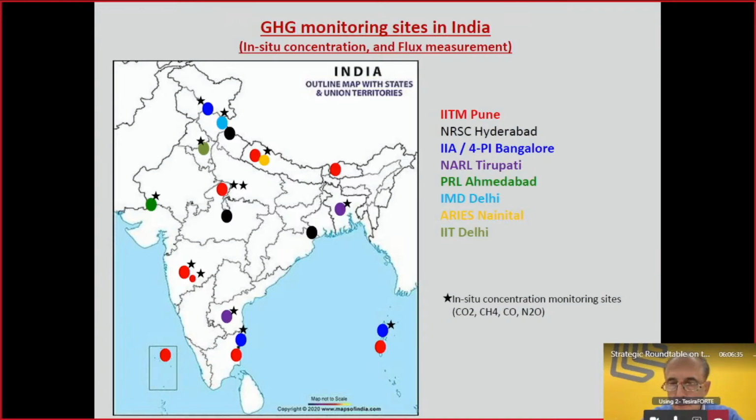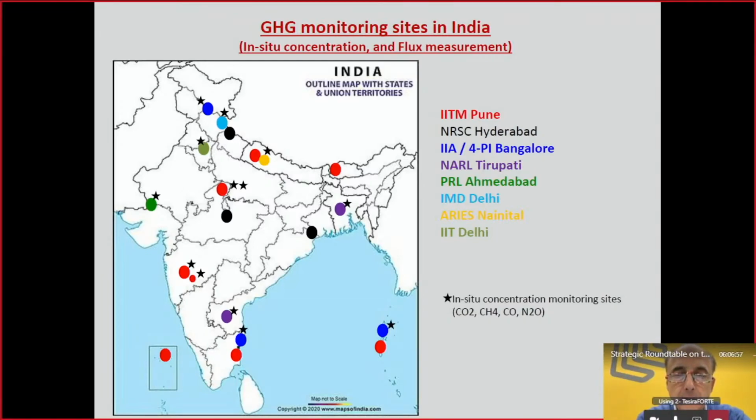We have a site recently in ARIES Nainital, and we have a site in central India, that is the Tal Tower site. I will show you some pictures. And we have a site in Pune, and then close to Pune there is one mountain called Sinhagad. We started long back, almost more than a decade ago.